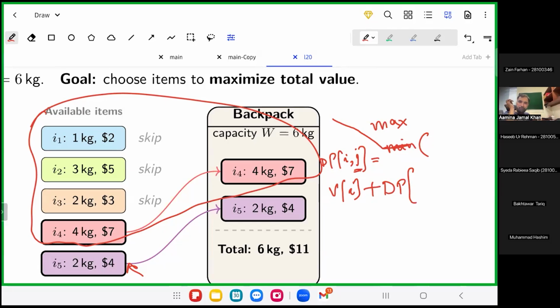Anyone? Which previous subproblem solution can I use here? I minus 1, yes. So I have used the item I, now I will have I minus 1 items remaining. I minus 1 comma what?